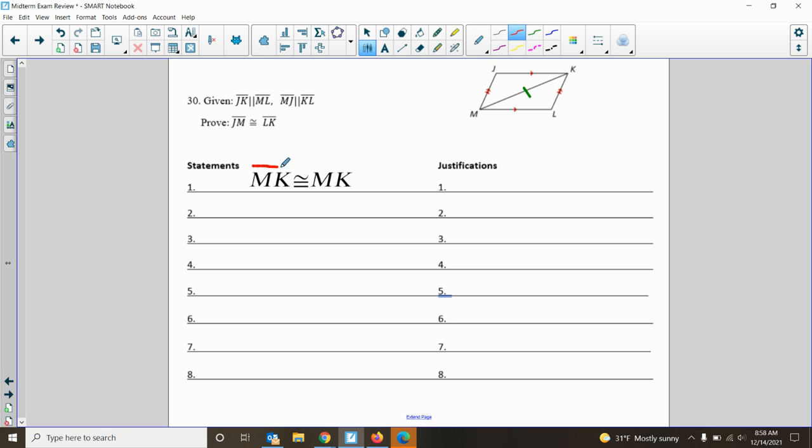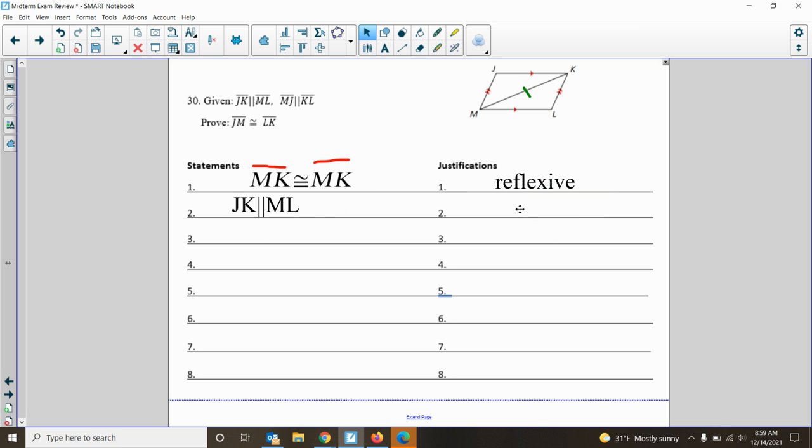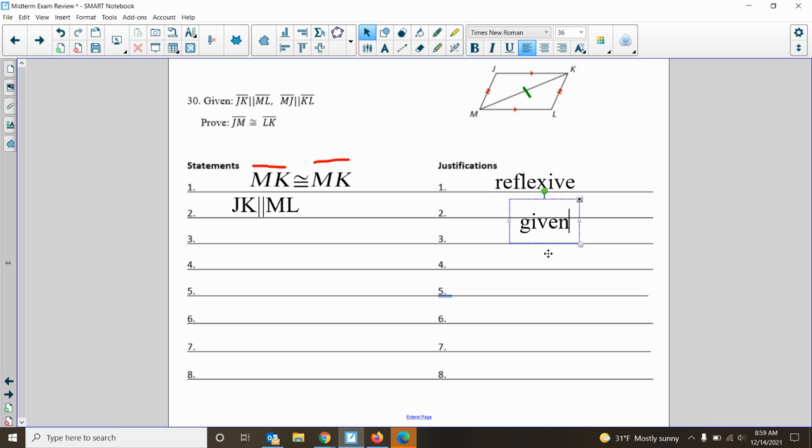But again, away from my board, so just kind of deal with the ugliness. And that's going to be the reflexive property. You know that well. Now let's do these two givens. JK is parallel to ML. Given.